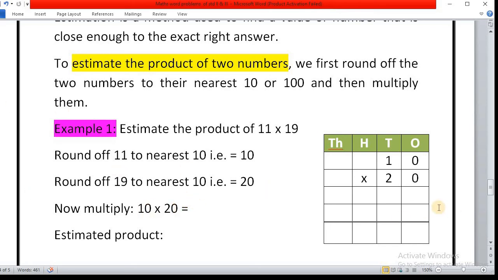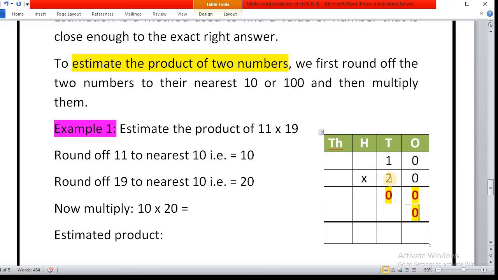Let's do this calculation. In first step, I'll multiply 0 with 0 in ones place. 0 zeros are 0. Then I'll multiply 0 with 1 in tens place. 0 ones are 0. Here I'll put 0.